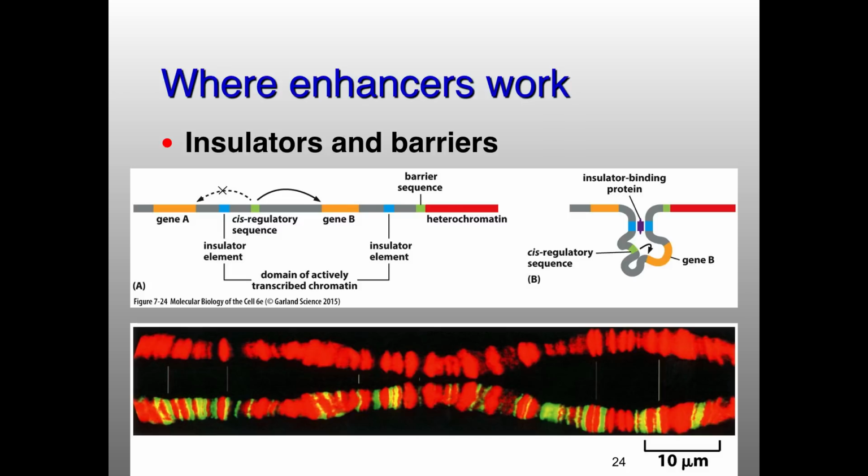So there's got to be a way that a gene is somehow insulated from the rest of the chromosome. How does that work?